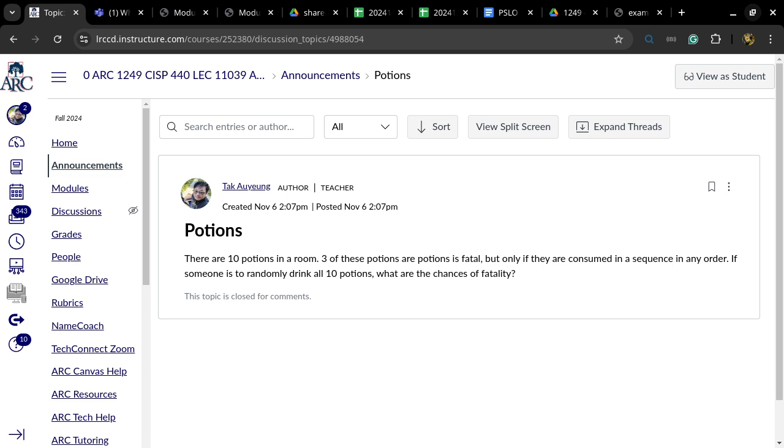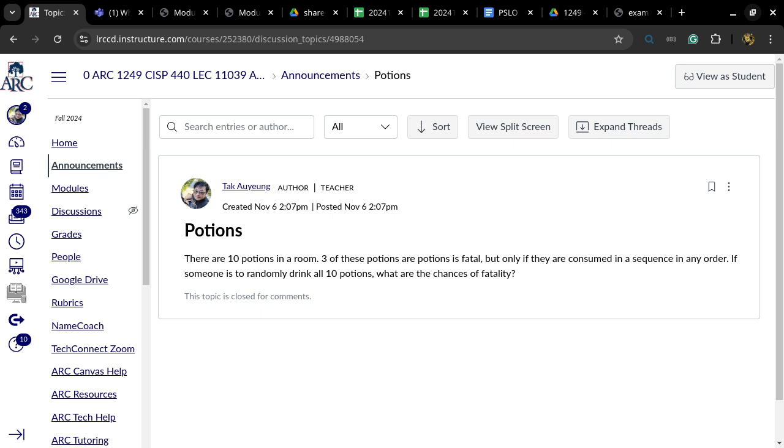You are playing a character, you go into a room, and then you have to consume 10 potions in whatever order you choose. But 3 of these potions are poisonous if they are consumed consecutively in whatever order. So the question is, what are the chances of fatality if you drink all 10 potions, but doing so randomly?